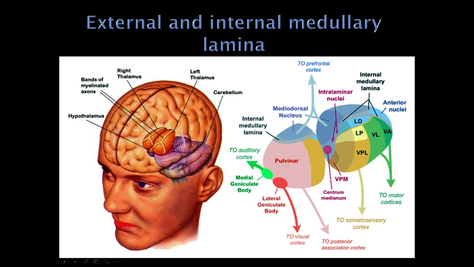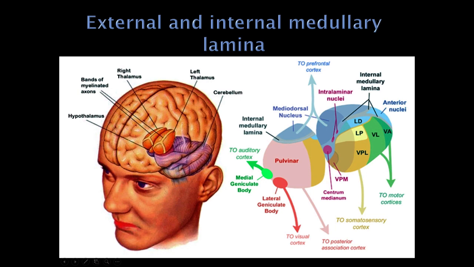So first of all, these individual thalamic nuclei, and surrounding the thalamus, we have what's called the external medullary lamina. It's white matter that is around the thalamus. And that's not really shown here. We can see the internal medullary lamina here.